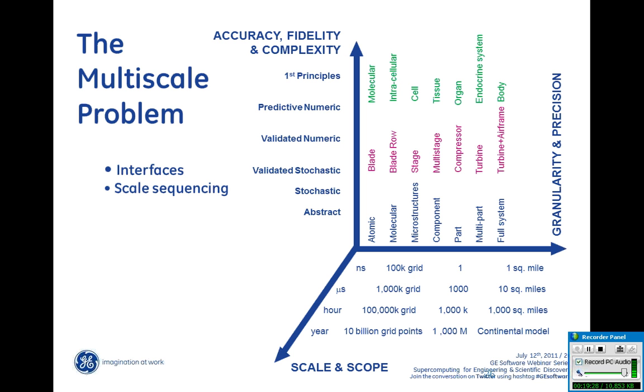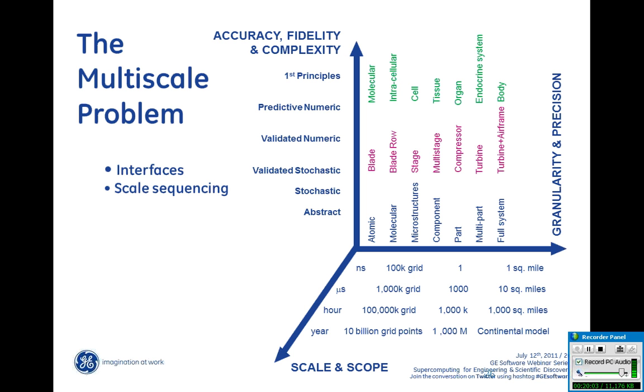In the x direction, we can talk about granularity, and here I've illustrated it in three different ways. If you look at the blue on the bottom, going from atoms to molecules to microstructures up through components to a full system. That is illustrated to some degree in an aircraft engine, as shown in the red, where we talk about a blade, that's one of the spokes in an engine, to talking about the row, to talking about multi-stage, to the entire turbine.